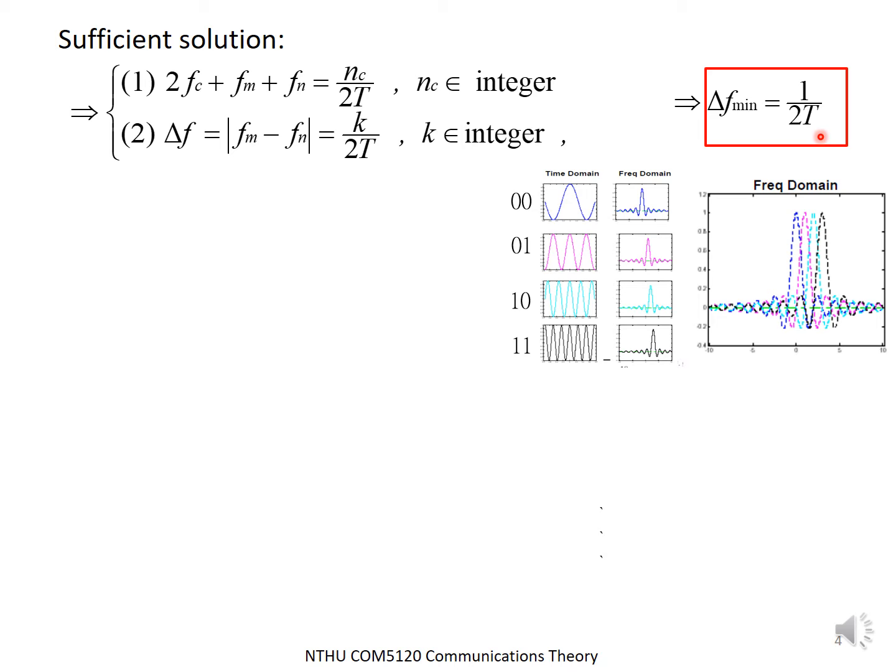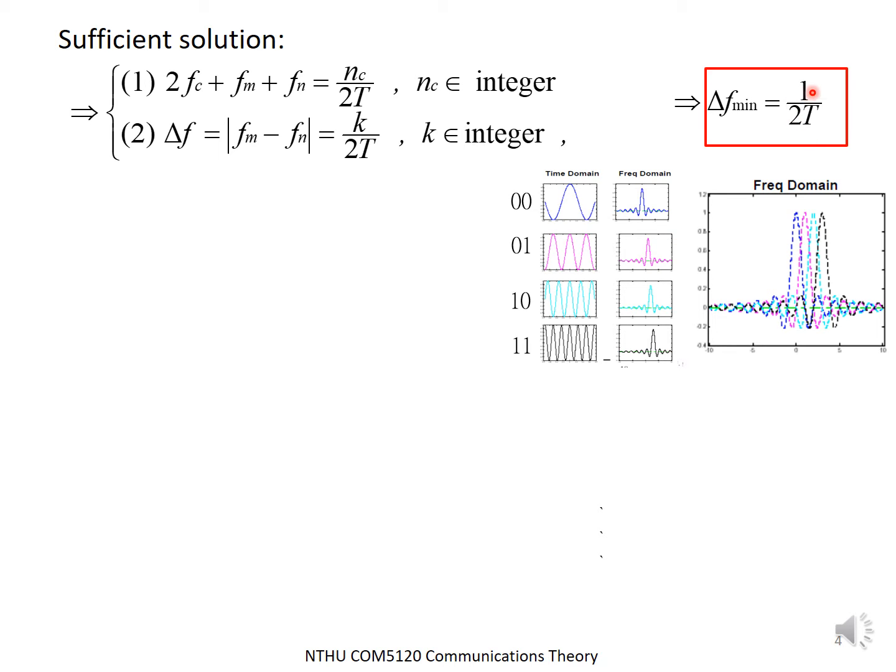T is the symbol time for each transmission symbol. The separation of carrier frequencies would actually be determined by the symbol rate. The symbol rate would determine the minimum separation of the carrier frequencies, so that the orthogonal criterion can be satisfied.